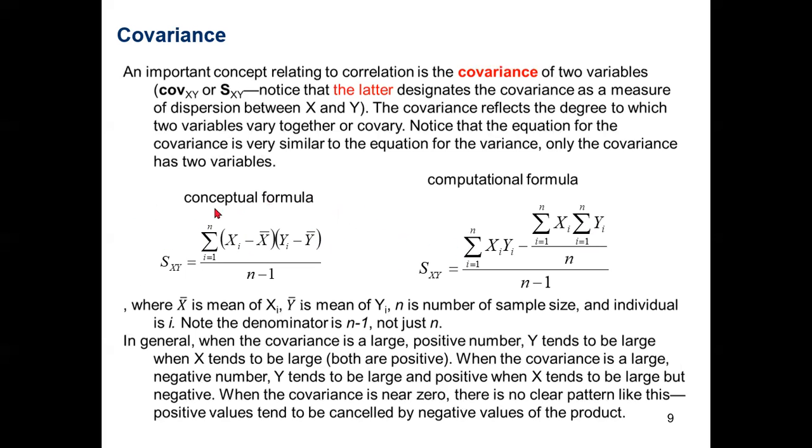That is the numerator. Sum them up, and then divide by n minus 1, which means 299.